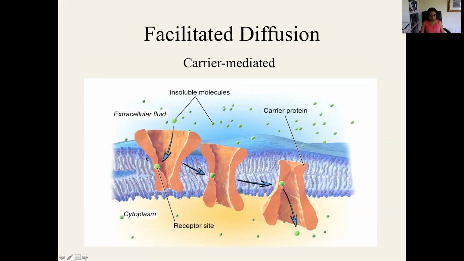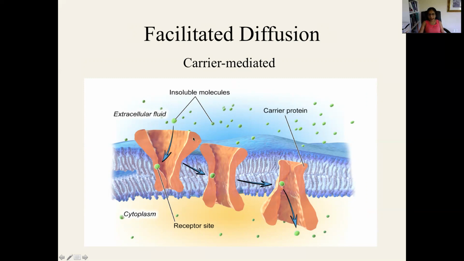There is a carrier protein in the membrane. This carrier protein is sensitive to the type of solute it transports. What that means is it cannot transport every substance, but it is very selective. So this substance, glucose in our example, binds to the protein.